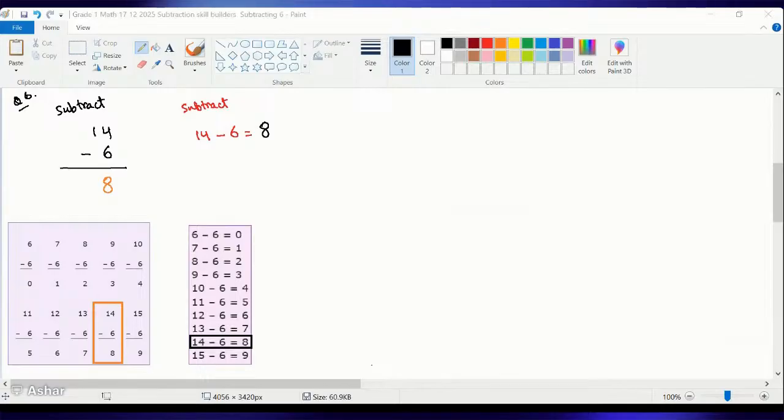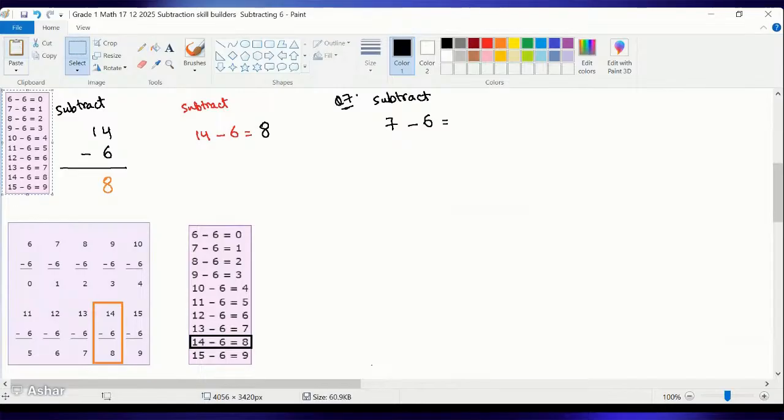Any questions? Very good. Okay, let's move on to the next question. The next question is kind of easy. That is question number 7, which says subtract 7 minus 6. So we know how we can subtract.